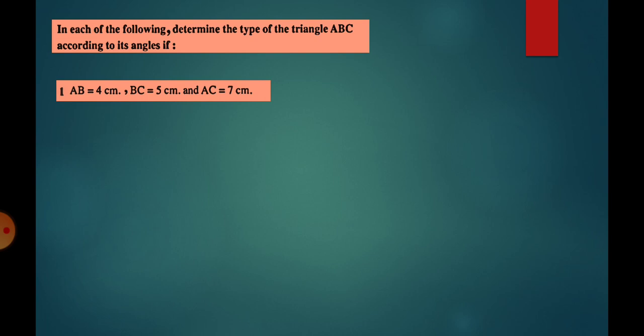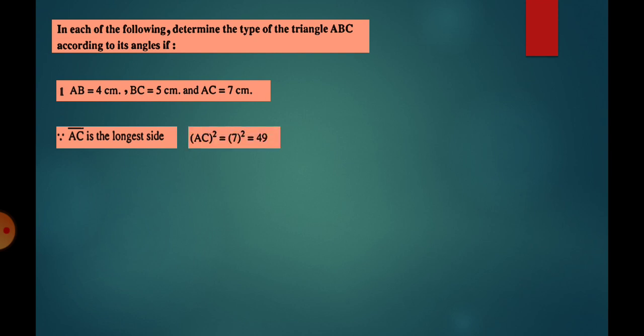And we find the sum of the squares of the two other sides: AB power 2, 4 power 2, plus BC power 2, 5 power 2, equals 16 plus 25 equals 41. Comparing 49 and 41, 49 is greater than 41, so the square of the longest side is greater than the sum of the squares of the two other sides. Then this angle is an obtuse angle.